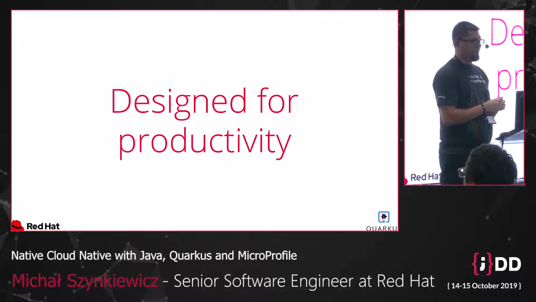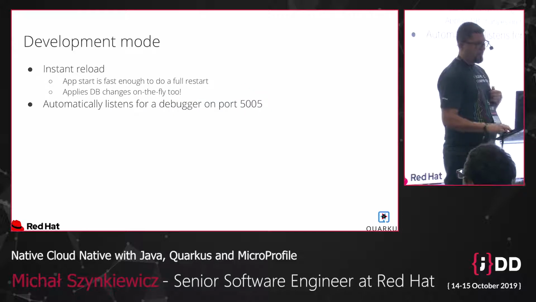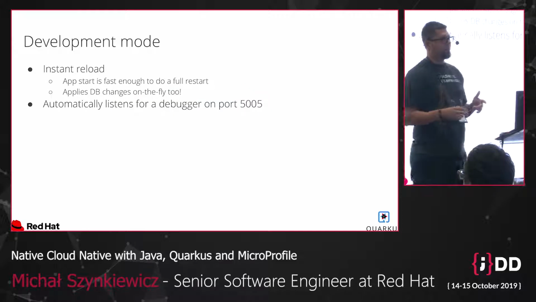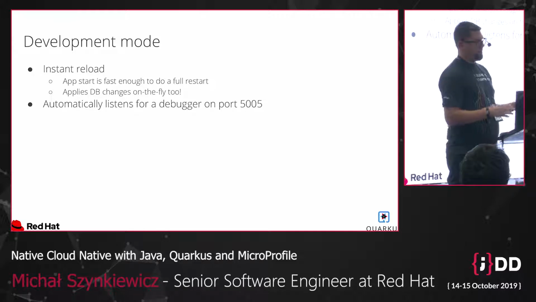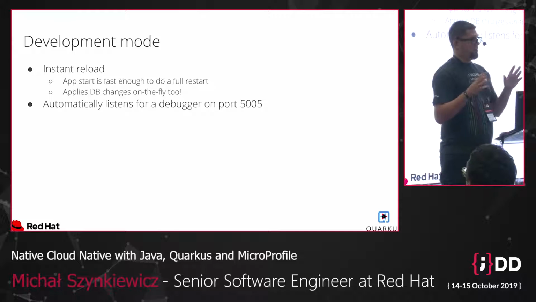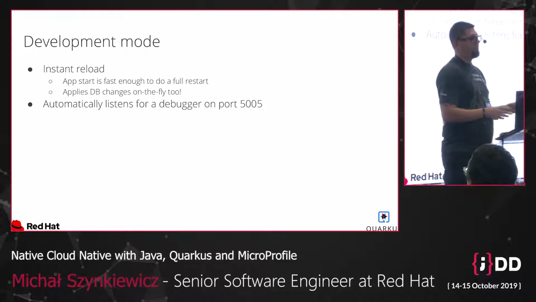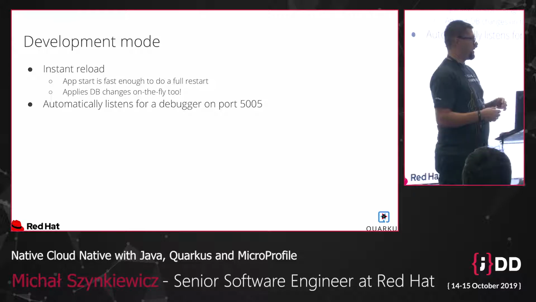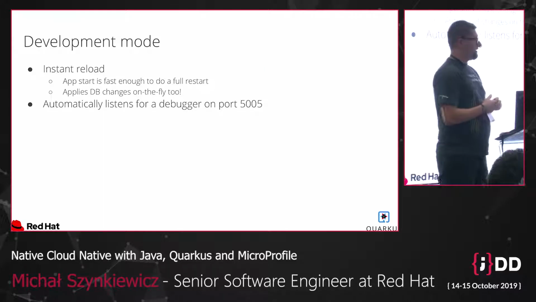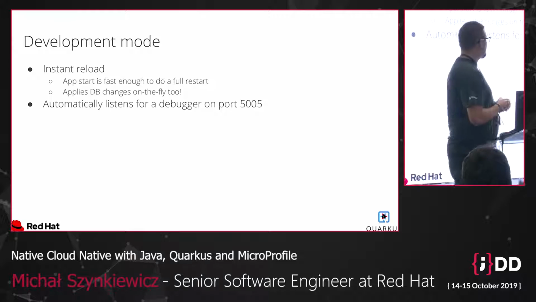Quarkus is also designed for productivity. And the biggest feature in this area is the development mode. So you can start a Quarkus application with a special Maven or Gradle command. And then you just start it and start coding. And you don't have to rebuild your server. It will restart automatically on changes. And I think I'll show that to you too.